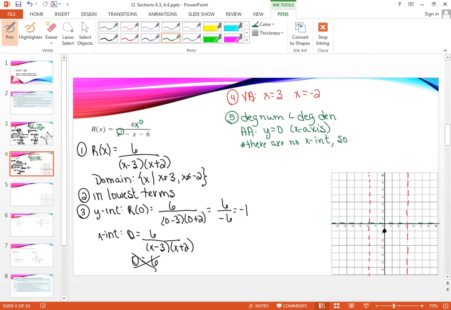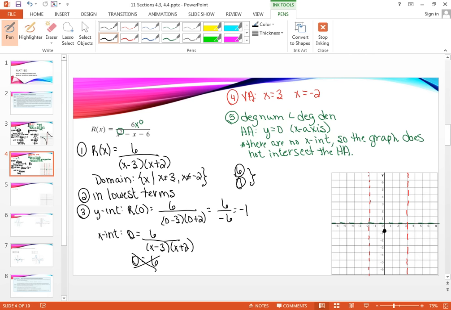So the graph does not intersect the horizontal asymptote. Okay. Then 6, 7, and 8. Draw the thing, right?